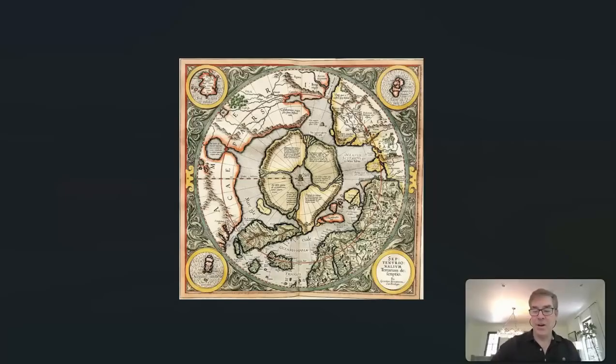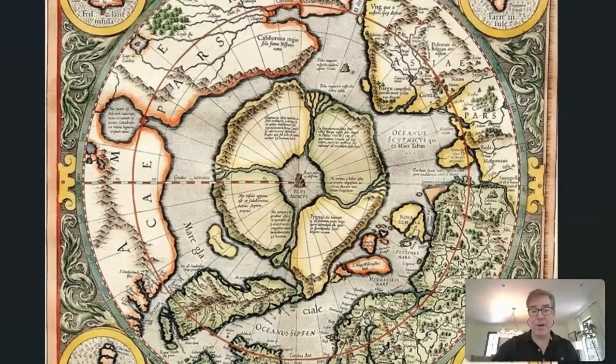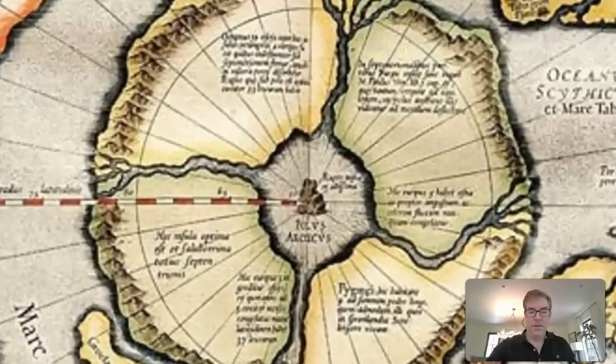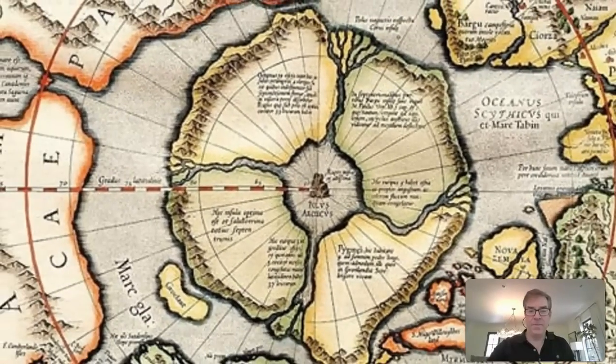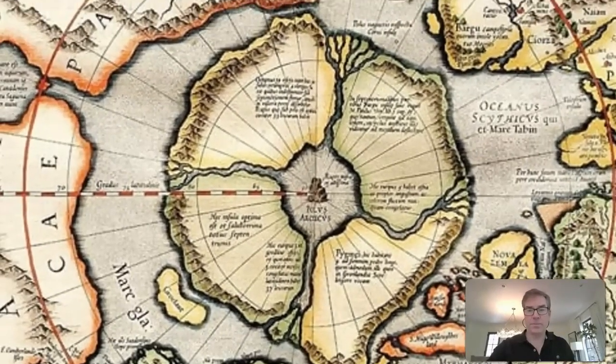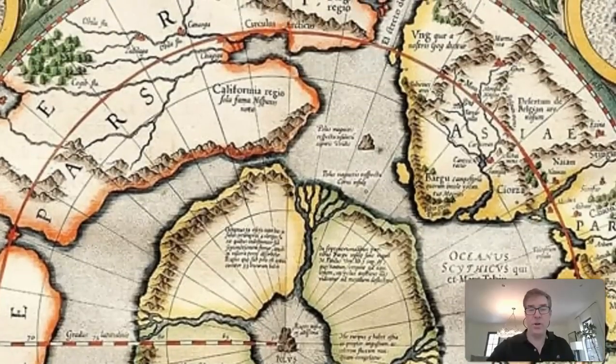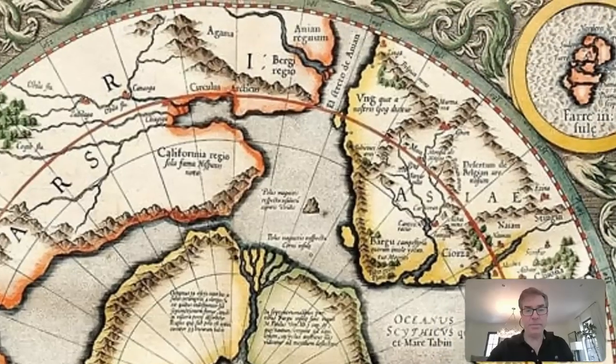And you can see here, this is, as we know, a Mercator map of the late 1500s. And you can see here Greenland, and it's attached to land with the magnetic rock in the center, the land with 4 rivers, 7 rivers going towards the Strait of Anian. And you can see here Asia.